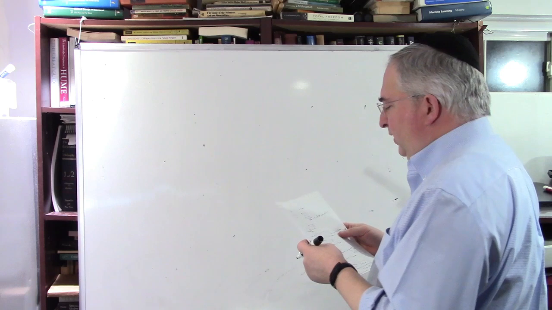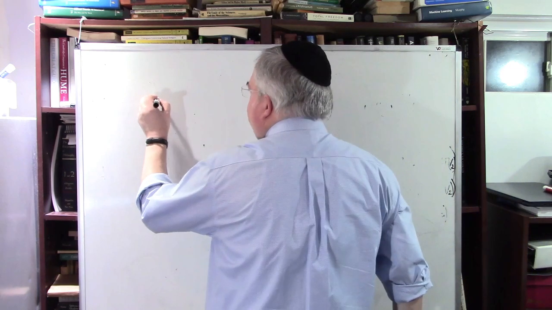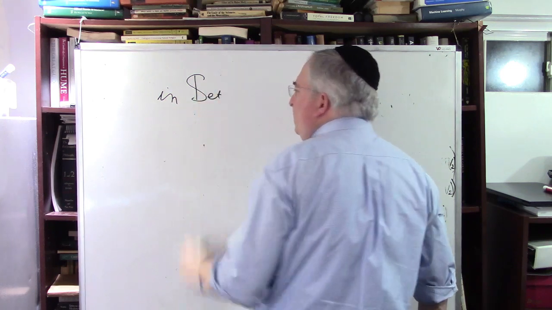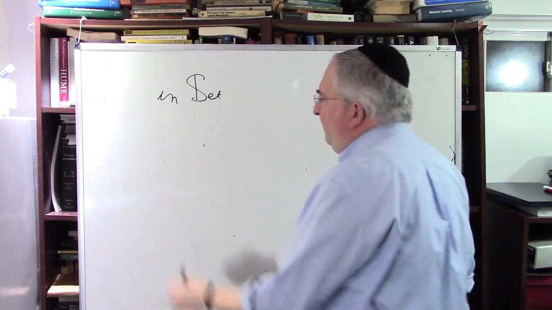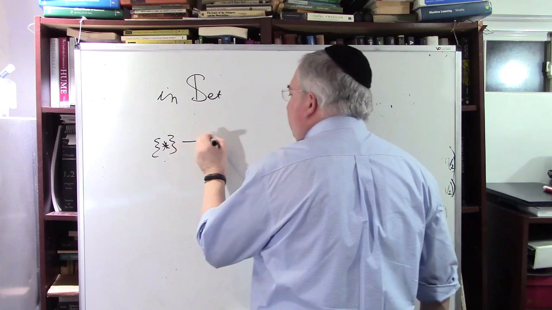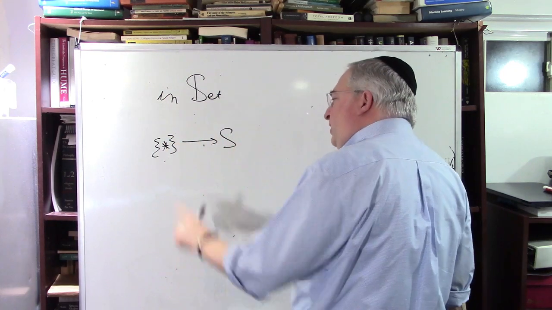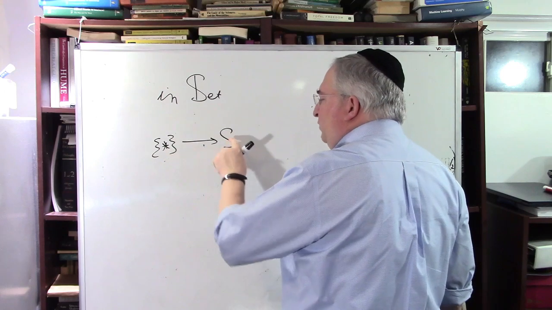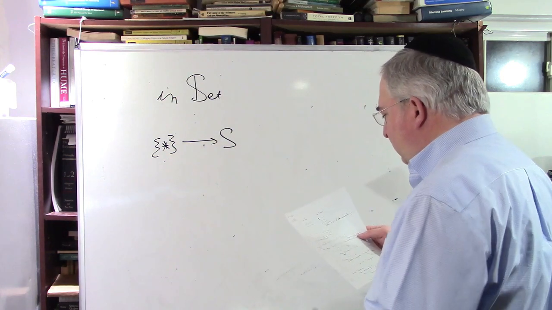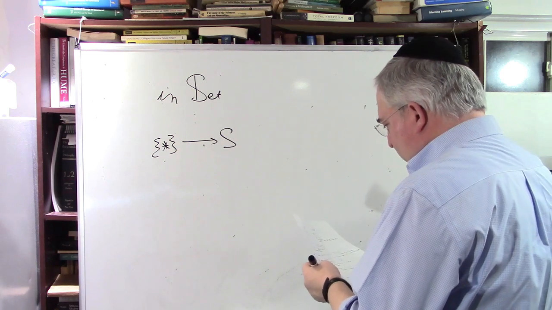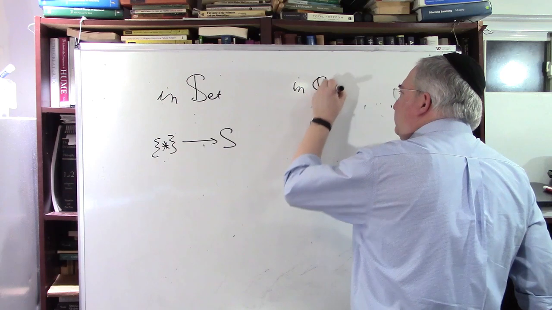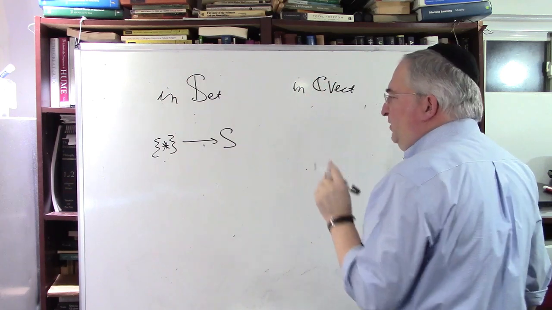Okay, ready? I just want to make an analogy. I want to show an interesting thing. Let's talk about Set. In Set, a map from a one-object set picks out an element of the set. Okay, great. Now, let's talk about complex vector spaces. Let's see what happens.